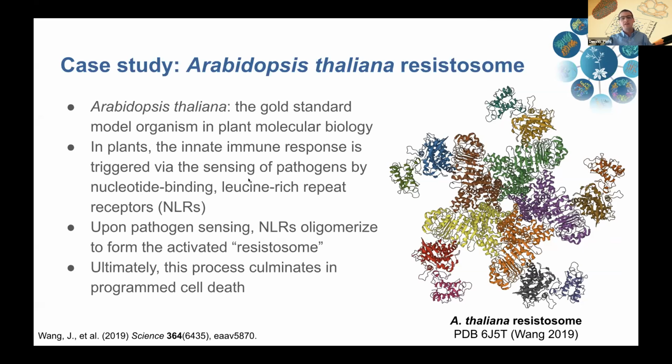And upon the sensing of these pathogens, these receptors oligomerize into a pentamer, which forms the fully active resistosome as illustrated. Ultimately, this process culminates in cell death. And the working hypothesis for how that happens is that this resistosome may embed itself into the plasma membrane of the cell and then create a pore, thus disrupting the plasma membrane.